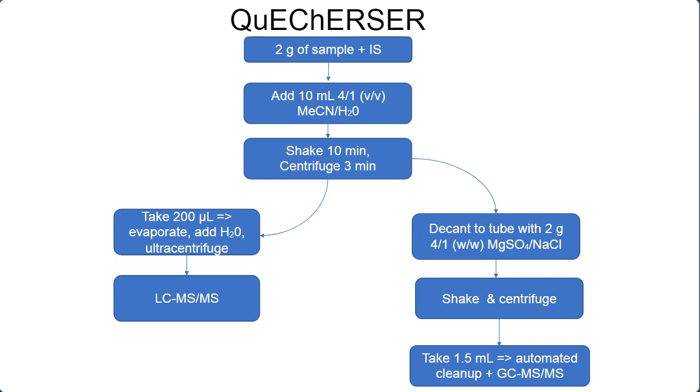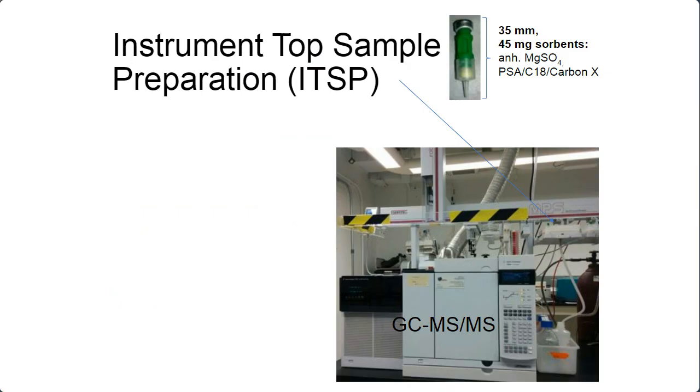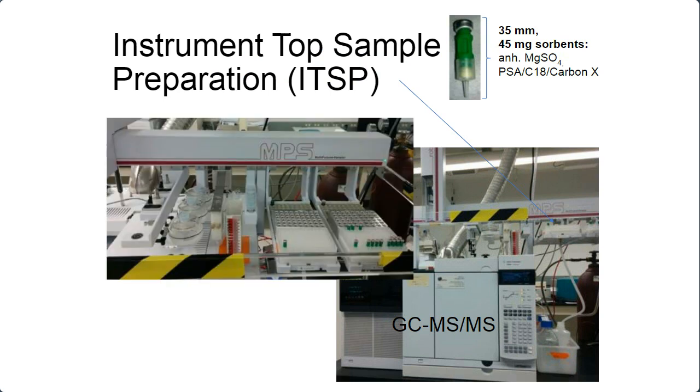So what is an automated cleanup? It is instrument top sample preparation, or ITSP for short, and here are 2 pictures. It is a robotic liquid handler that is installed on the top of our GC instrument. It is also known as Micro-SPE. It uses small cartridges pictured here on the top.